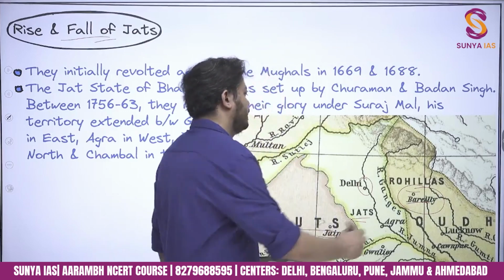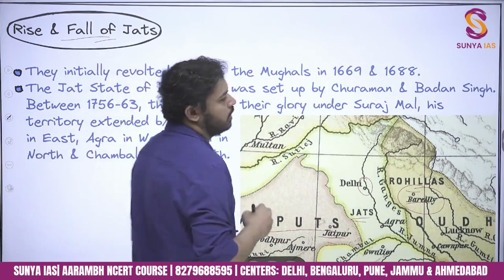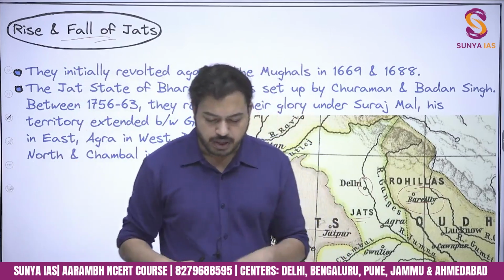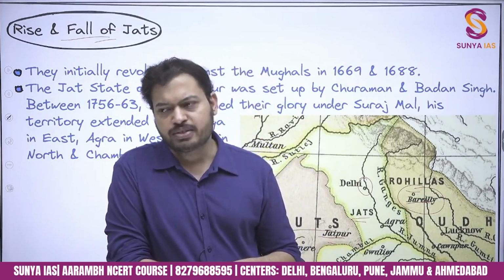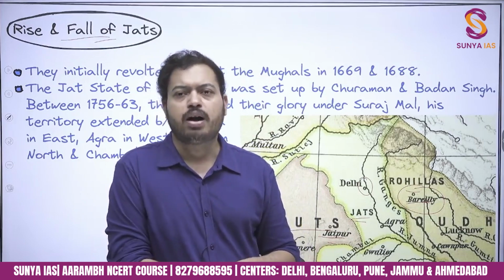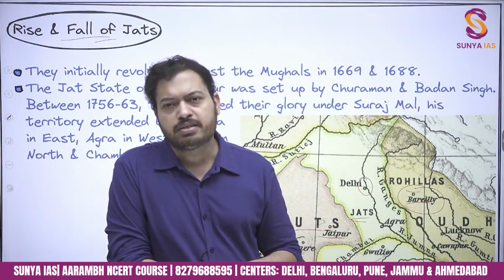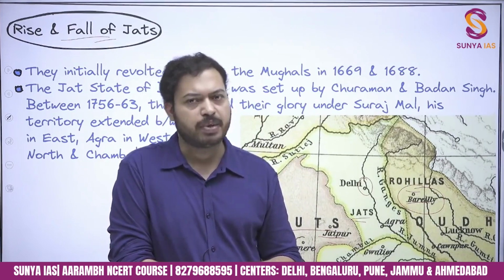Okay. Now, if you'll see here, so what happened? In 1669 as well as 1688, there have been two instances of uprising, Jat uprising against the extensive revenue demands of the Mughal Empire.